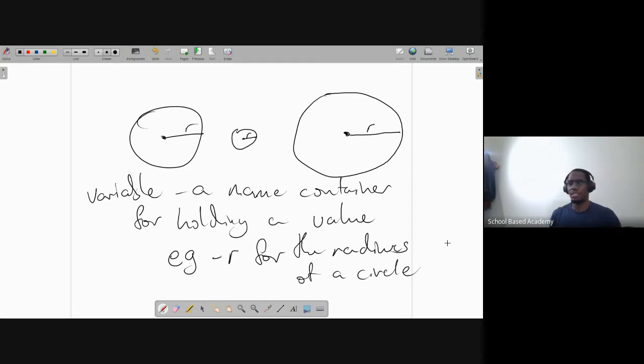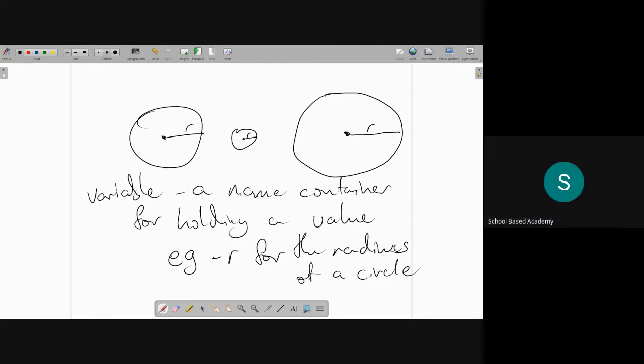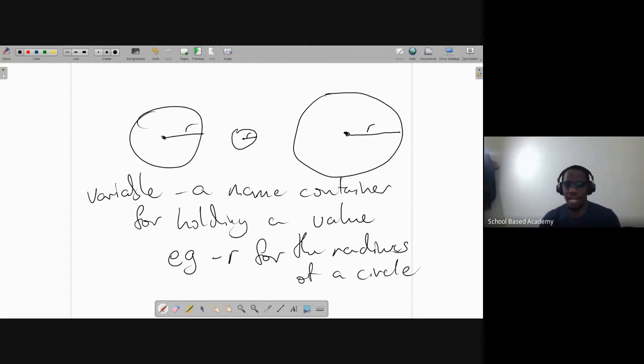And it's important because r allows us to hold a value. So we have this container for holding a value. R is the radius of the circle, and r changes according to the size of the circle in this case.